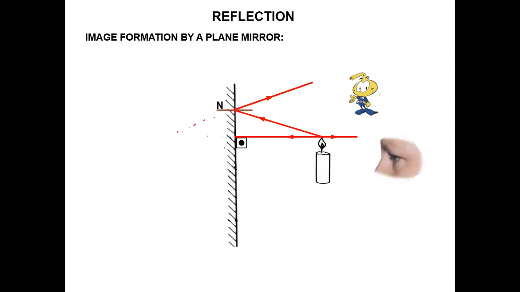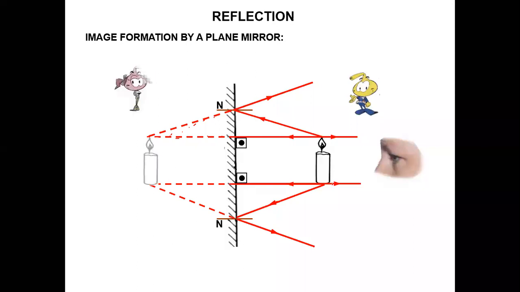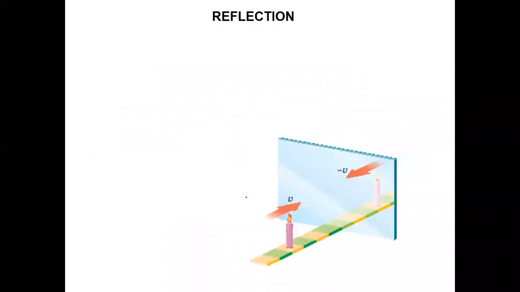Now you're going to draw it, and that is going to be where the image of the candle is formed. So the image is going to be over here, as you see. Again, you're always going to send 2 rays to get an image. If you send just 1 ray, you're not going to be able to get the image of the object.